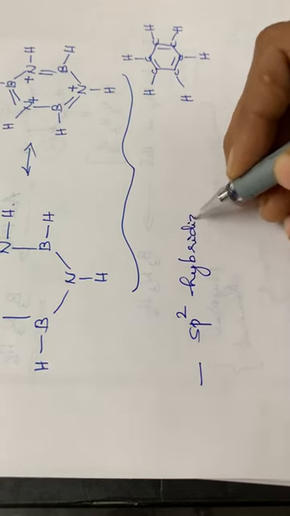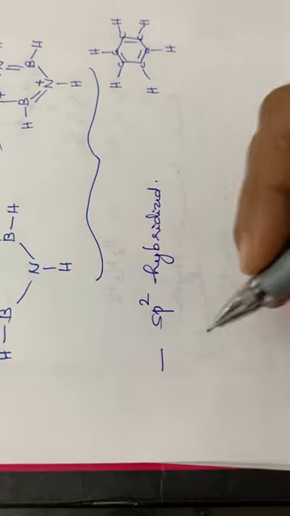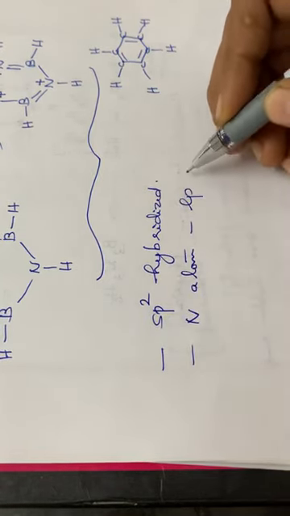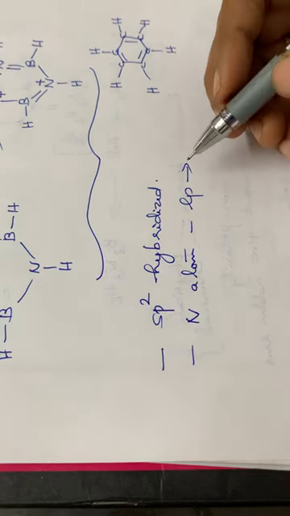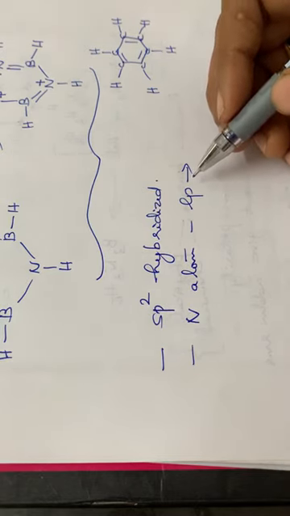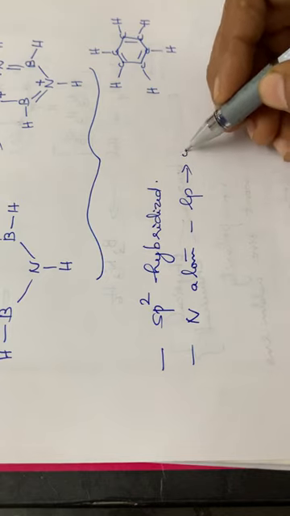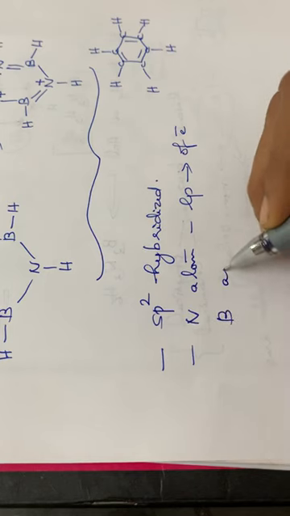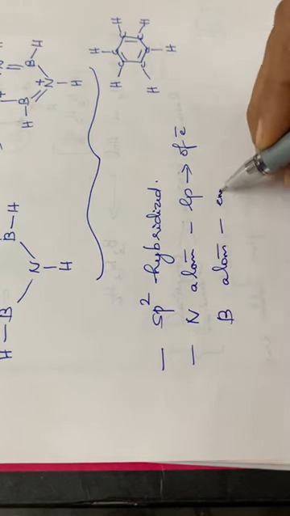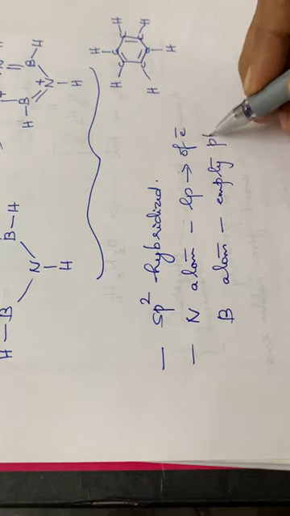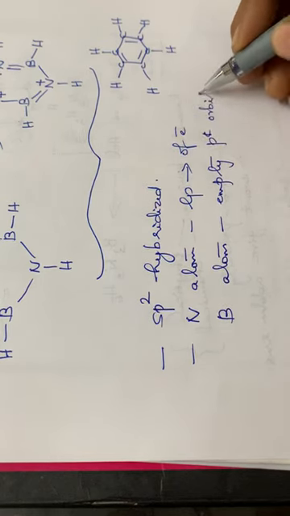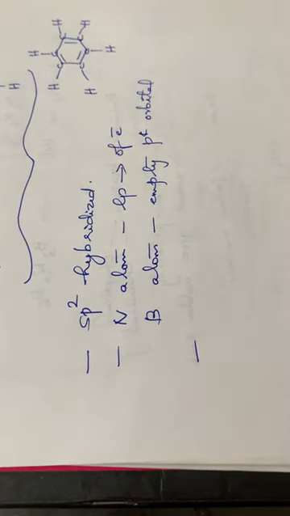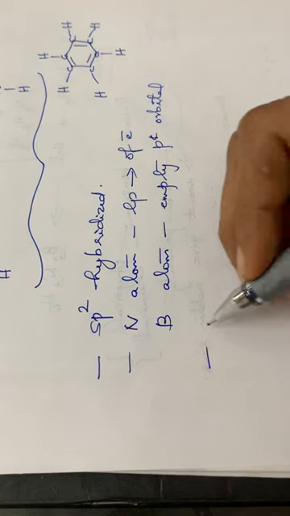Then again, here each nitrogen atom has got a lone pair of electrons. Nitrogen will be having a lone pair of electrons, and this boron atom will be having an empty p orbital.